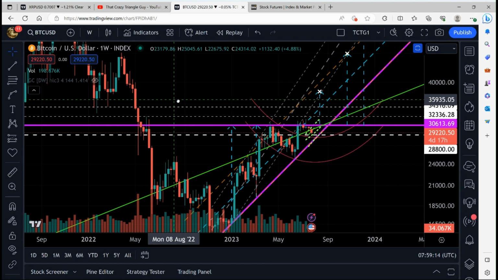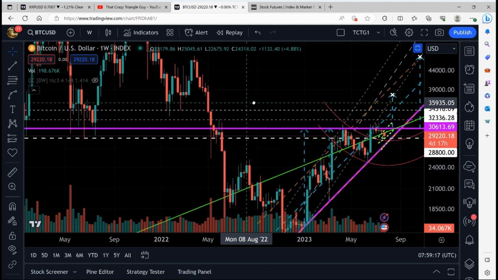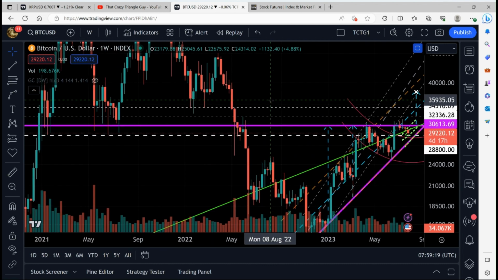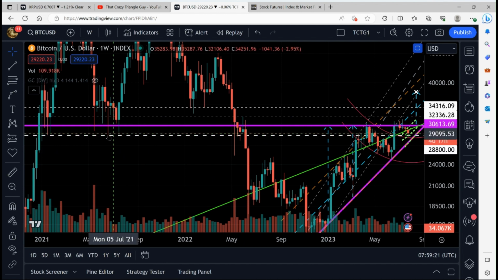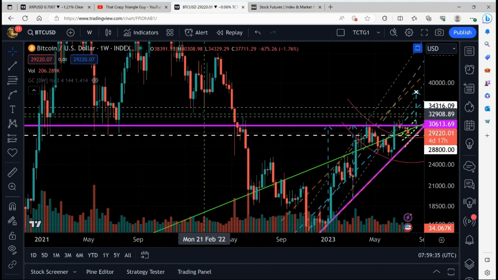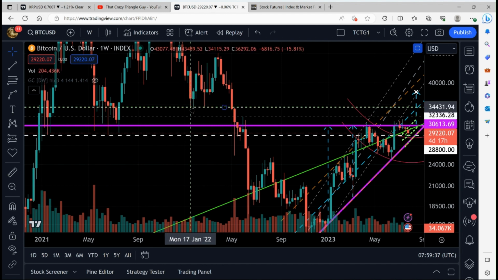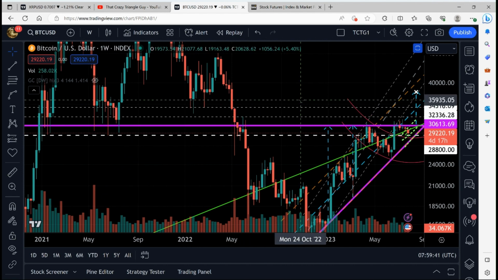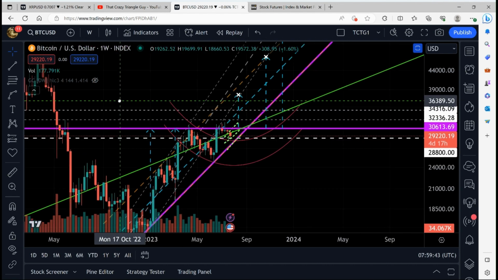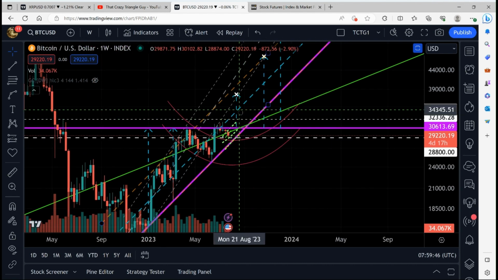because it seems like after we've tested this area, which we've done for months and months for support and built a nice structure in there, it seems logical that we would test this area as well, at least for a little bit, and form some price action in this area.